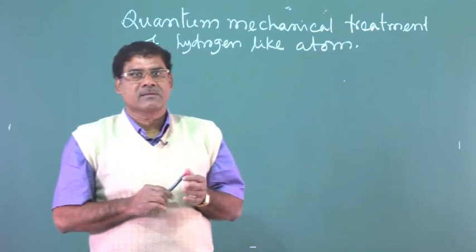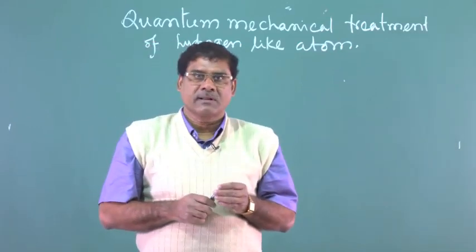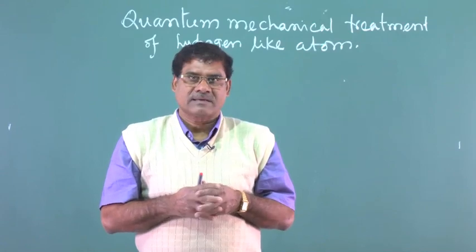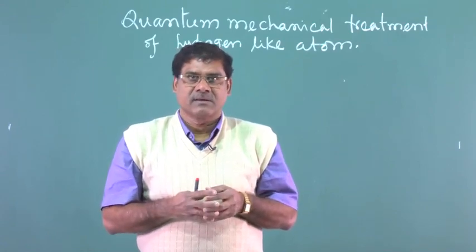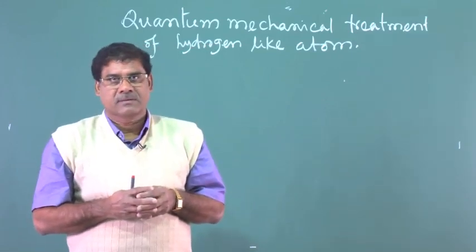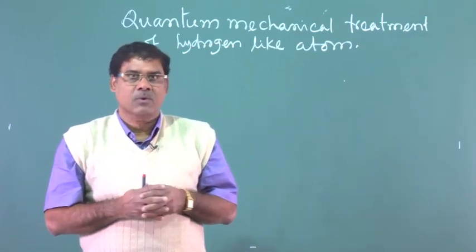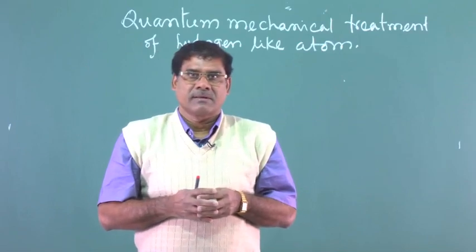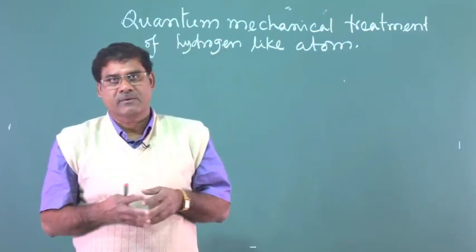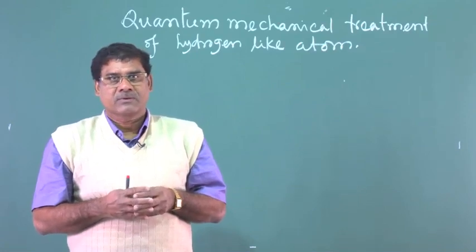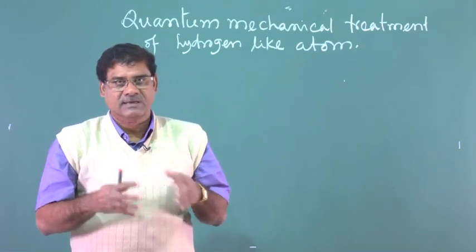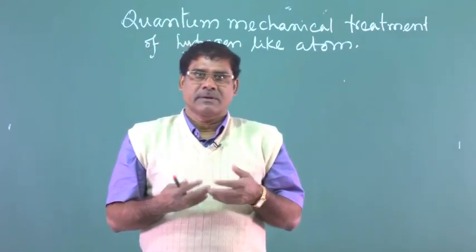One reason is that in the Bohr model, on an ad hoc basis, on assumption basis, there are many things we considered, but from the quantum mechanical treatment, those same things have come automatically in a natural way. We have not assumed anything. So, it has come in a natural way.